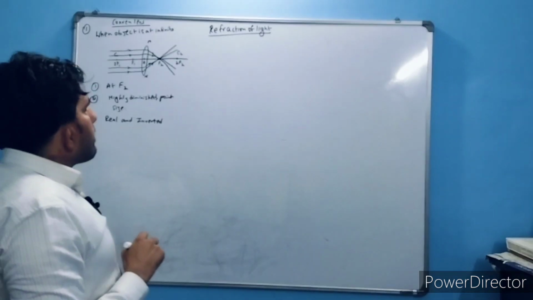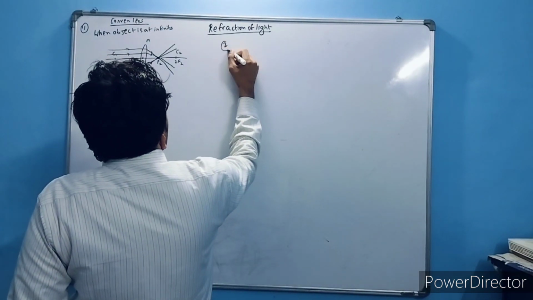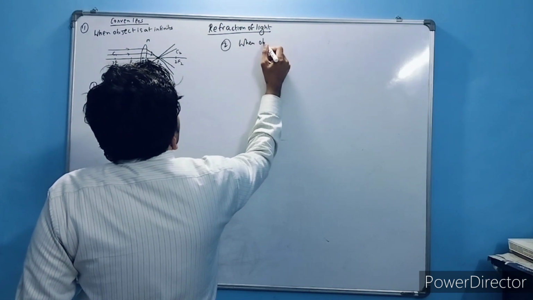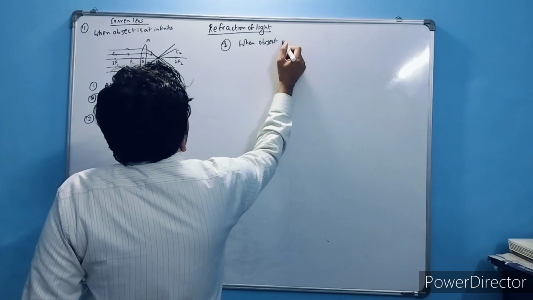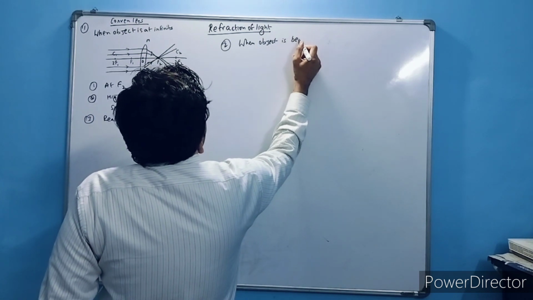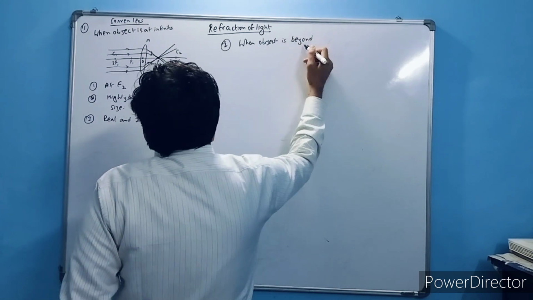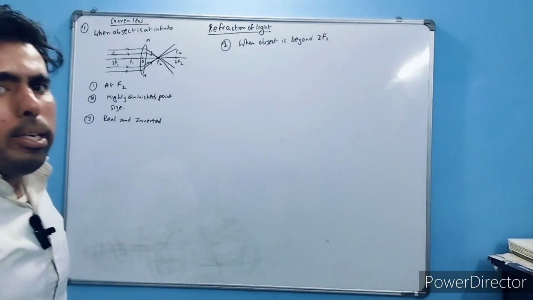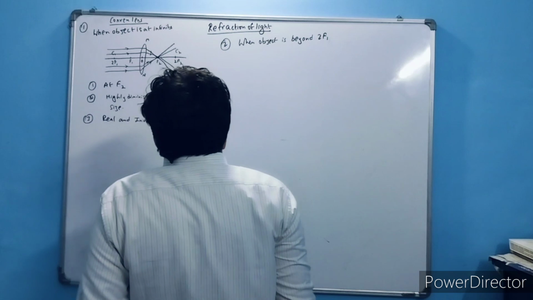Now the second case will be when the object is beyond twice of F1, that is beyond C1.